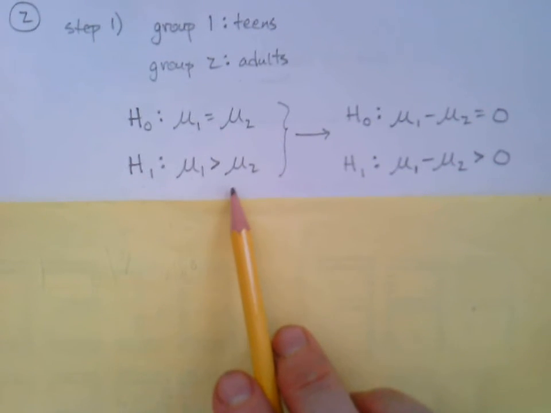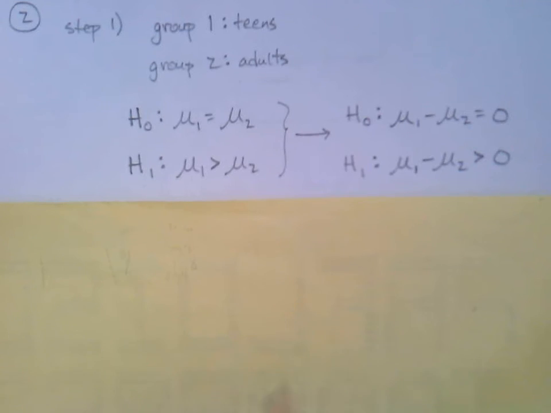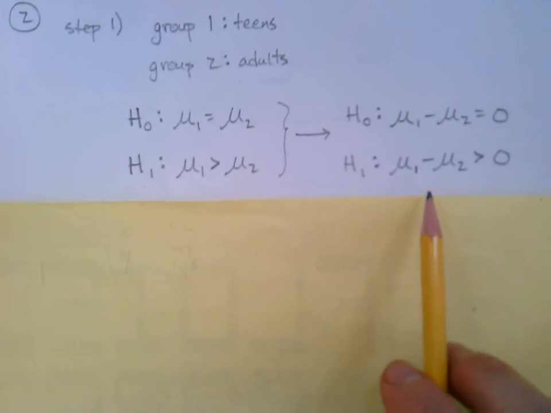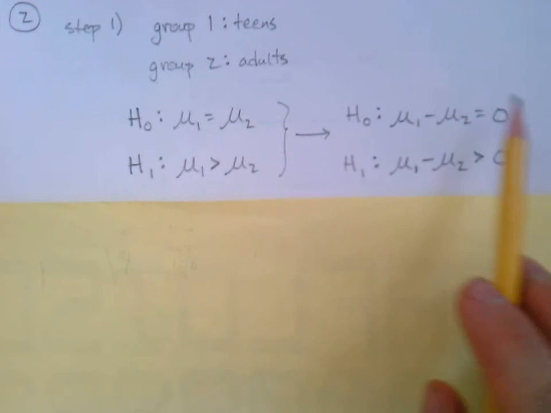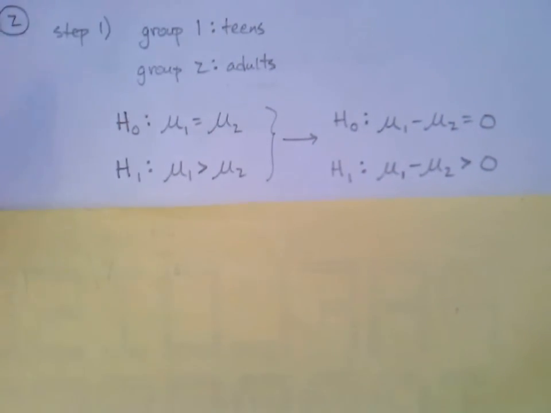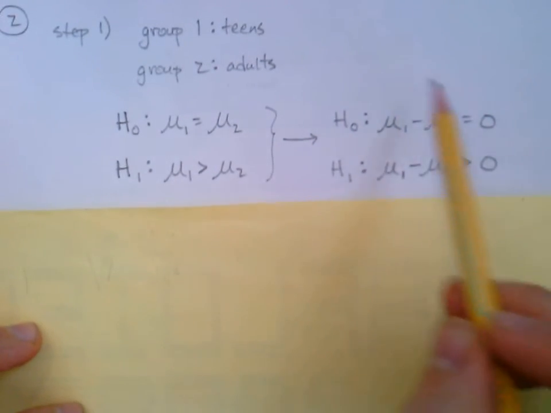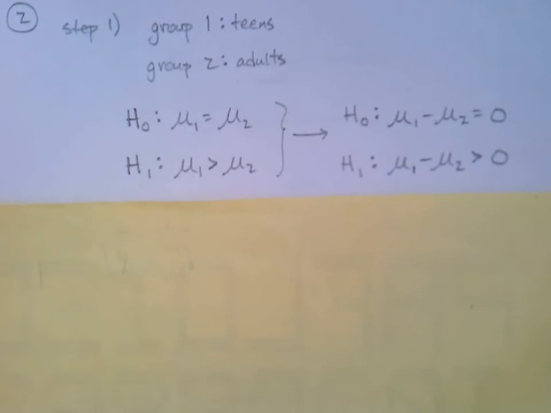And same thing here, subtracting mu2. Mu1 minus mu2 is greater than 0. Now, we'll see the reason. It's really this first one. We really like that, and that's to be revealed in step 2 right now. So this is really the way we want to showcase our null and alternative, although people sometimes do that. What is step 2?